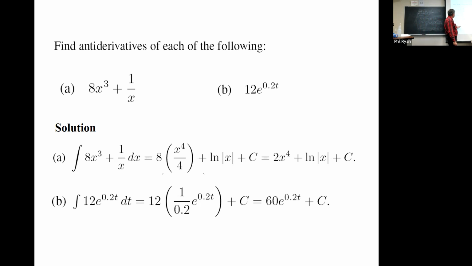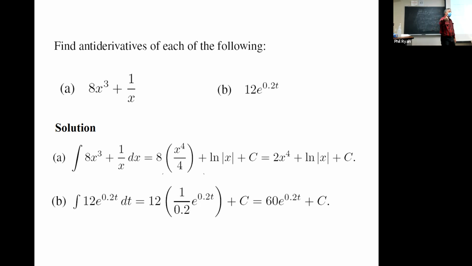Antiderivative of 12e to the 0.2t. Okay, so we can pull out the 12, and then we want to take the antiderivative of e to the 0.2t. Antiderivative of e to the 0.2t is e to the 0.2t, right? Because the derivative of an exponential is always an exponential, that means the antiderivative of an exponential is always an exponential.